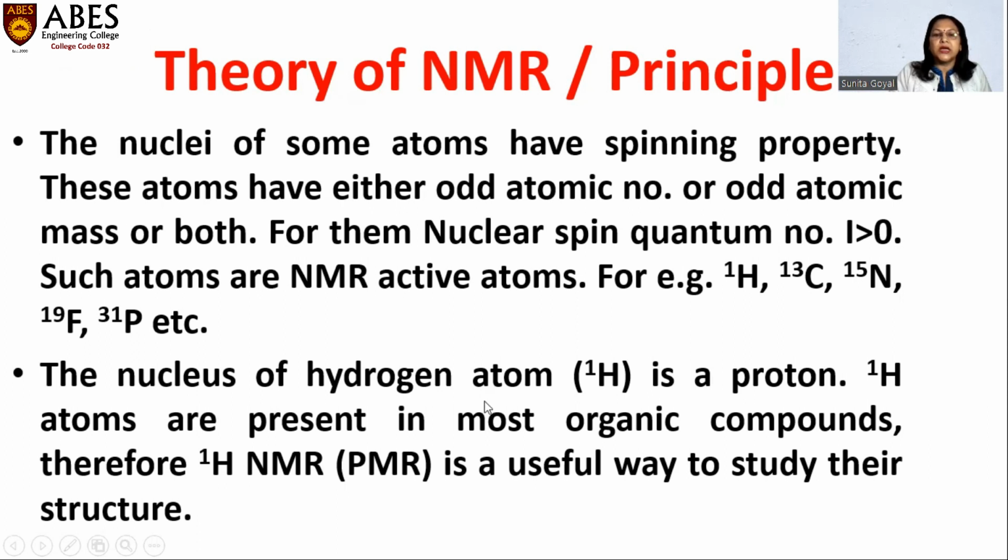We can call this hydrogen atom a proton because the nucleus of the hydrogen atom contains only a proton, not neutrons. Therefore, we can call 1H NMR as PMR, that means proton magnetic resonance spectroscopy, which is a useful way to study the whole structure of the molecule.